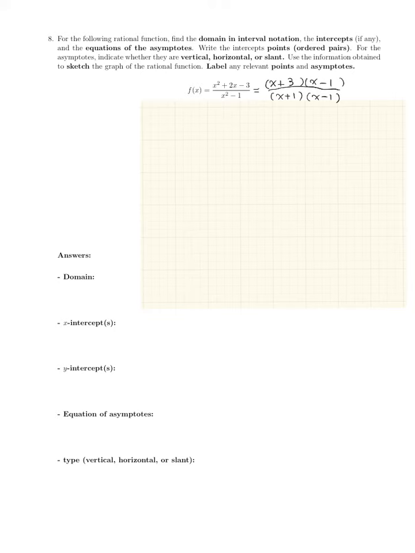To find the domain of the function, you want to keep the denominator as is. Do not cancel out anything. So the domain portion is going to be: x cannot equal negative 1, and x cannot equal 1. To get that in interval notation, here's negative infinity, positive infinity. x cannot be negative 1, x cannot equal 1, so everywhere else our rational function is defined.